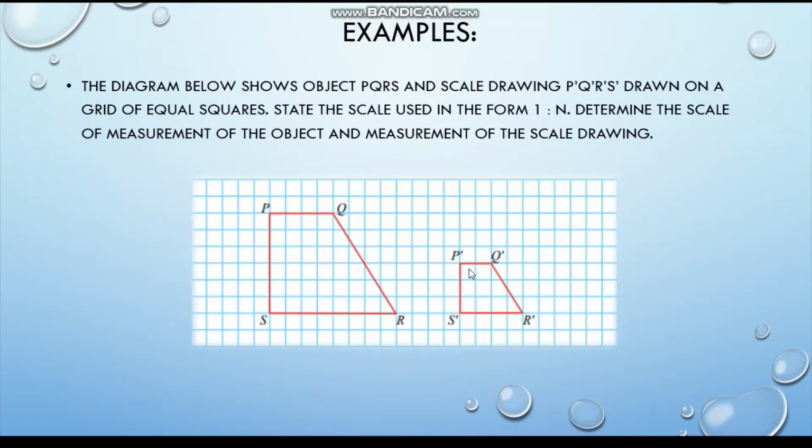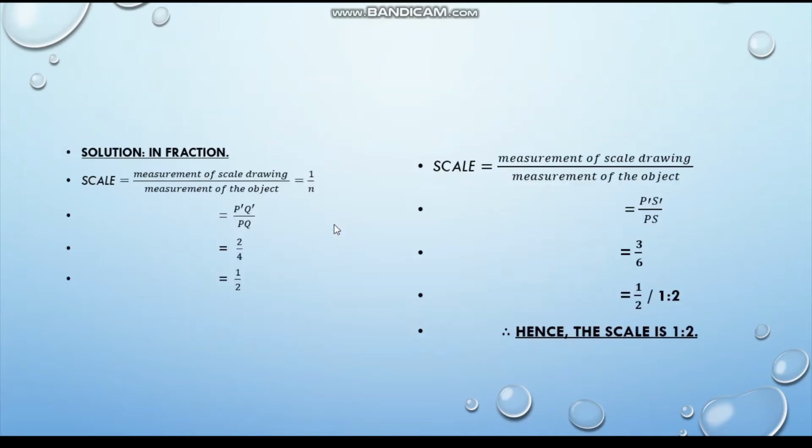P prime and Q prime will be 2 units, while P and Q will have 4 units, that is equal to 2 over 4. 2 represents P prime and Q prime, and 4 represents P and Q. And then we have to convert it into simplest form, which is 1 over 2.